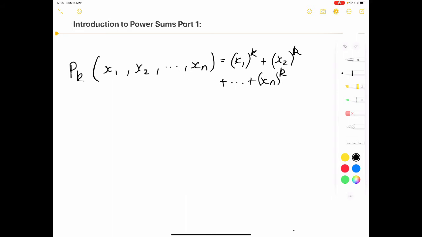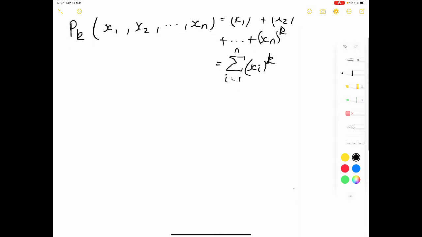This can also be written as the sum, that's what this capital sigma means, the sum from i equals 1 to n of xi to the k.